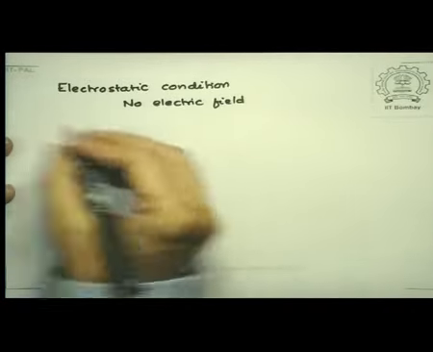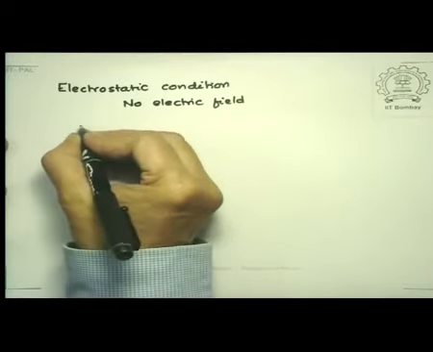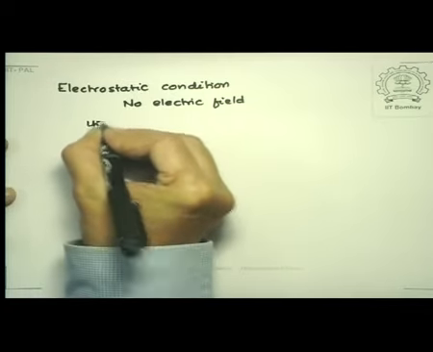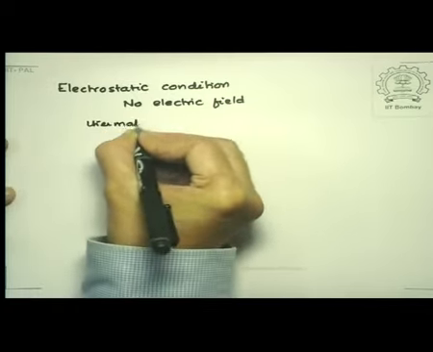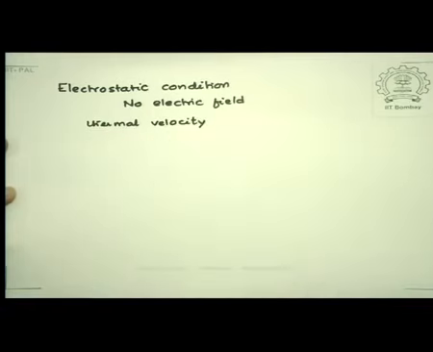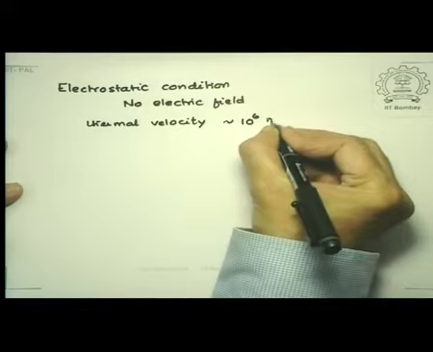What happens is that in such a situation, the free electrons themselves have what are known as thermal velocities. Now the typical thermal velocity of electrons in a metal is of the order of 10 to the power 6 meter per second, a fairly large velocity.